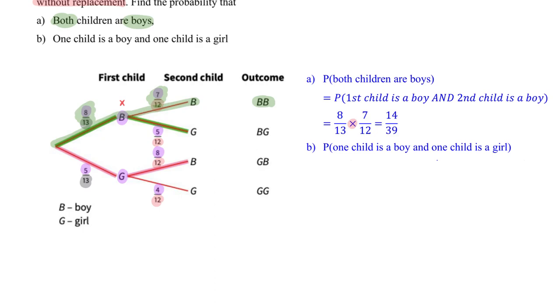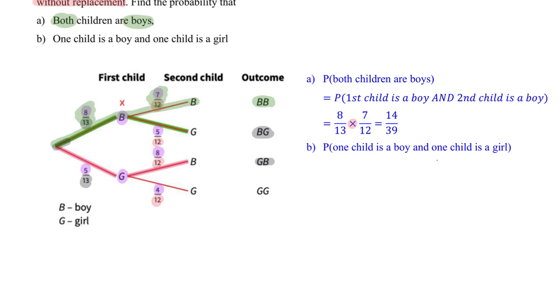But if they only want one child to be a boy and one child to be a girl, but they never specify specifically that the first child or the second child needs to be a boy, then for this particular example, it can either be the first child is a boy and the second child is a girl, or the first child is a girl and the second child is a boy.